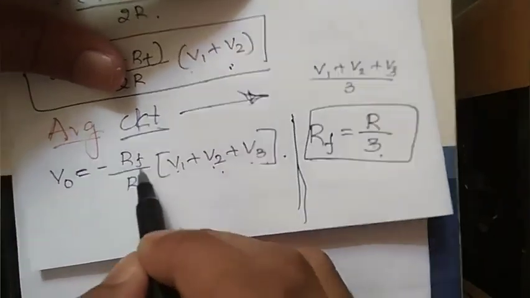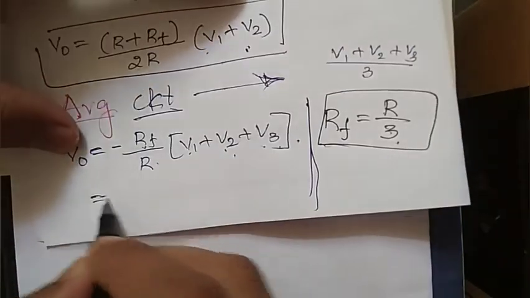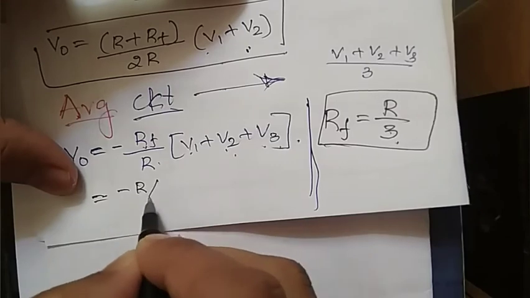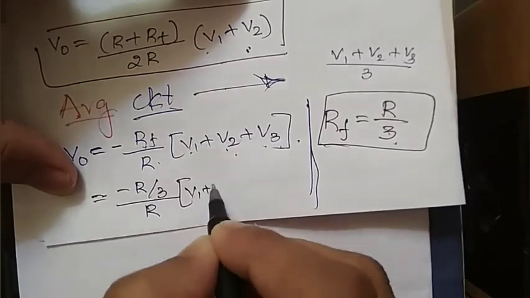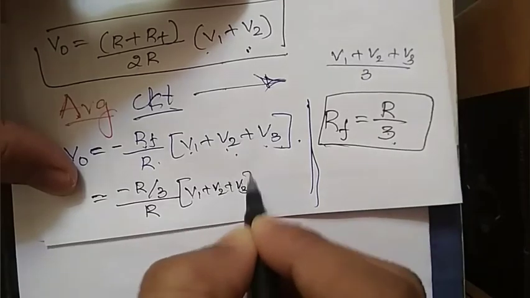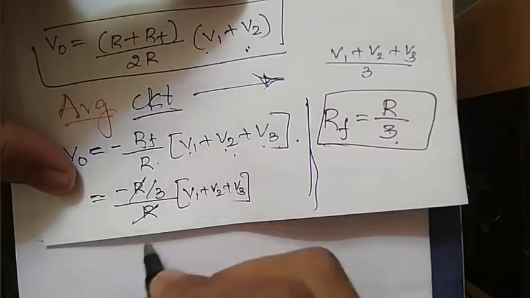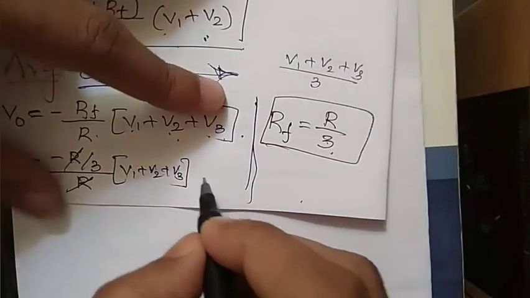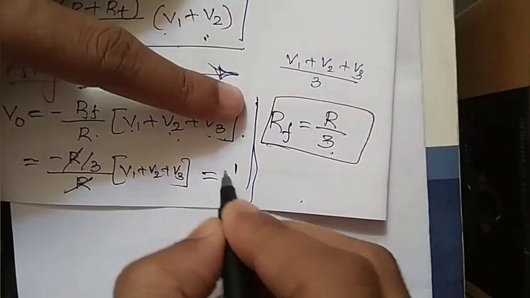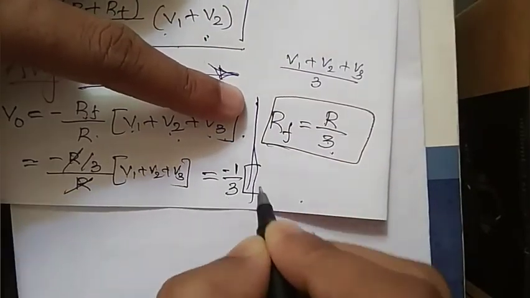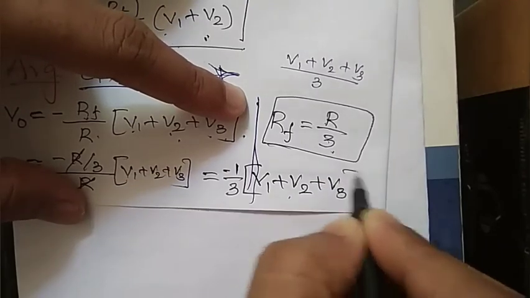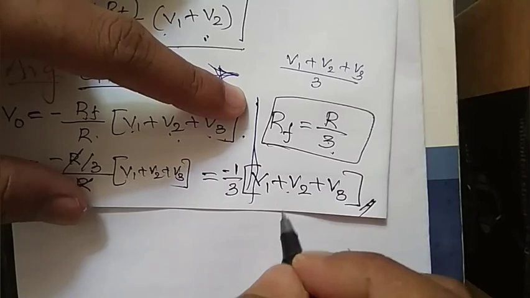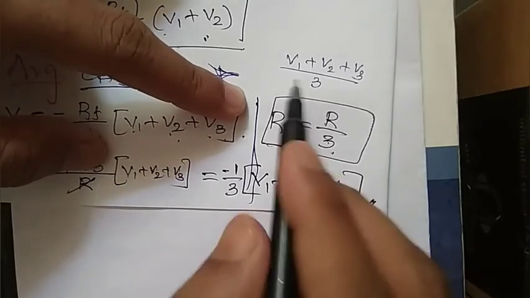You just substitute this value, then you get minus R by 3 whole divided by R into V1 plus V2 plus V3. So this R gets cancelled, and your value becomes minus 1 by 3 of V1 plus V2 plus V3. Now this becomes an average circuit.